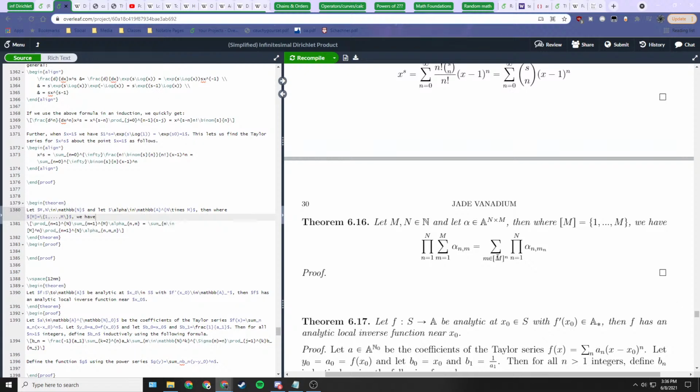Essentially, we just want this summation to be summing across these terms.